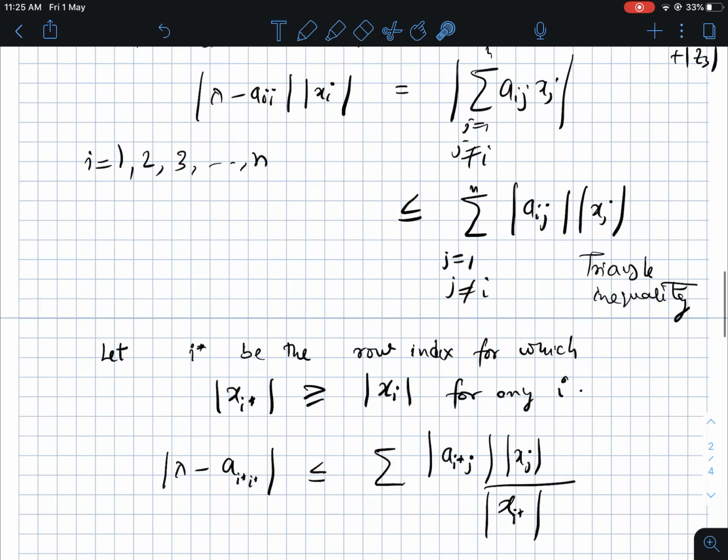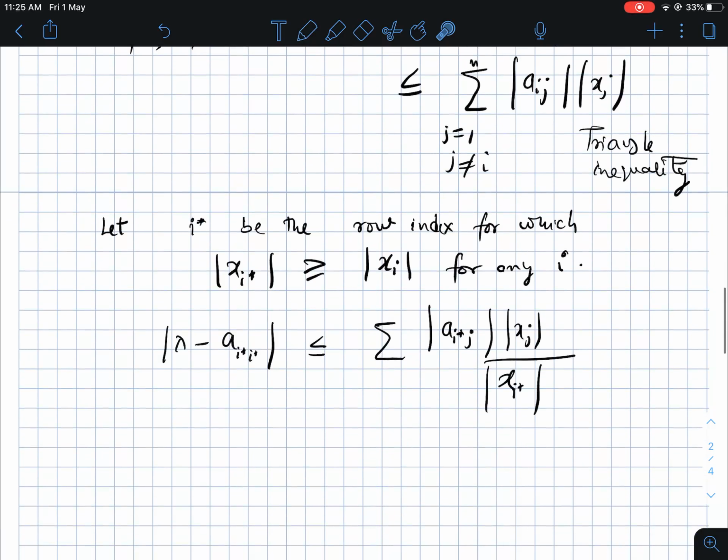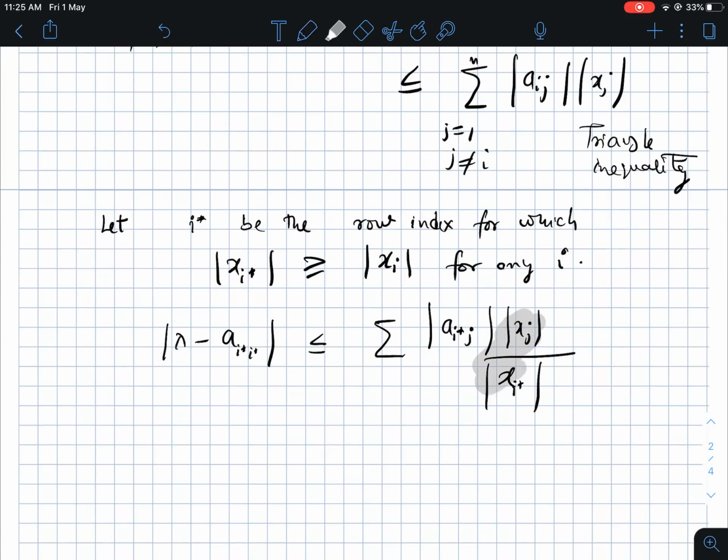So what I have done here is, in this equation I have moved this term over to this side, and I'm only considering the equation for that particular row, the i star row that you picked. Now this quantity over here by definition is smaller than or equal to 1, because that is the i star that I pick. The sum here is from j equal to 1 to n, j not equal to i as usual.